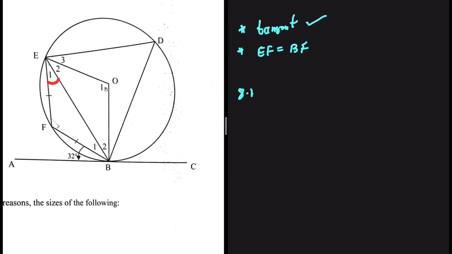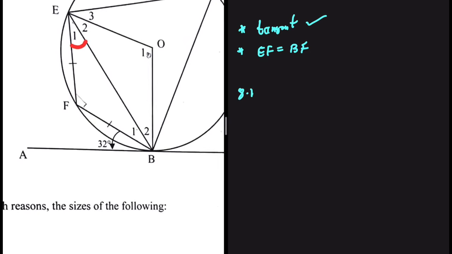Well, my tangent is ABC, and between ABC and line FB, that chord, there's an angle of 32 degrees. That angle should be equal to the angle subtended by that chord at the circumference of the circle. So now we can say that E1 is equal to angle ABF.